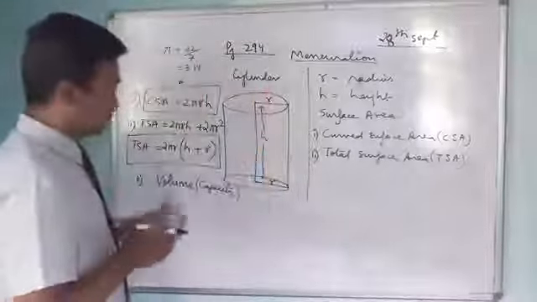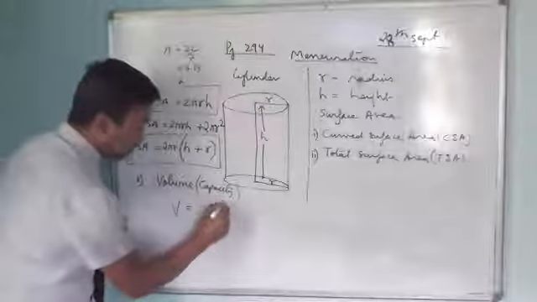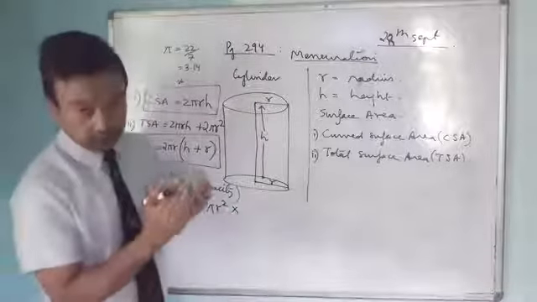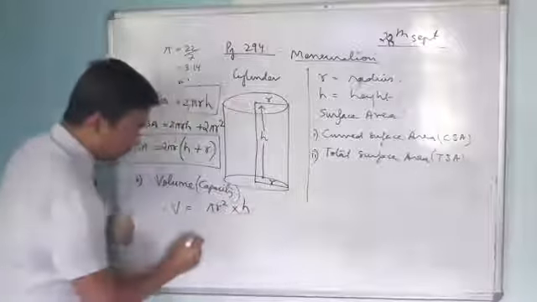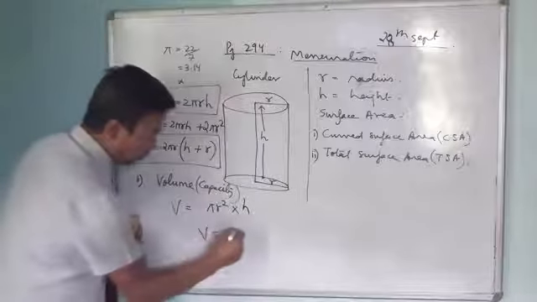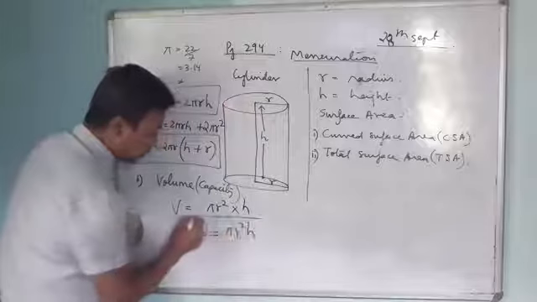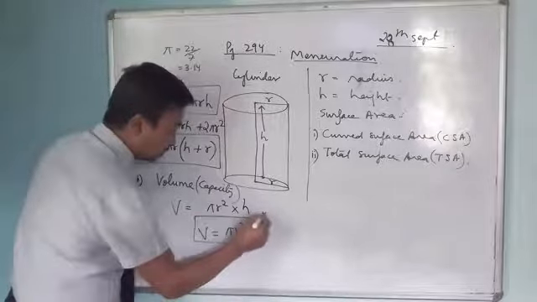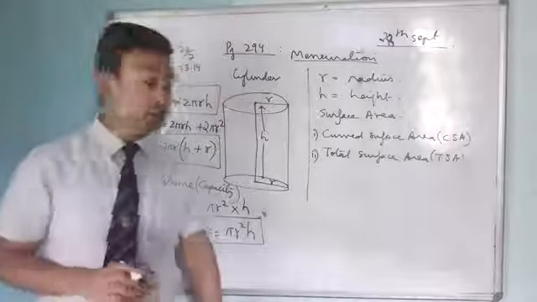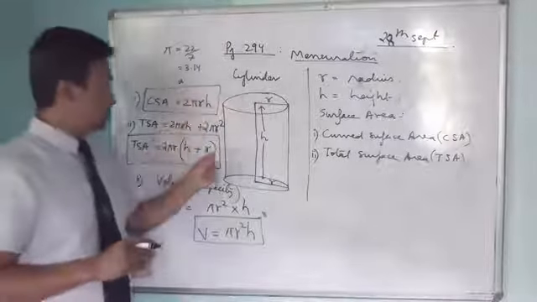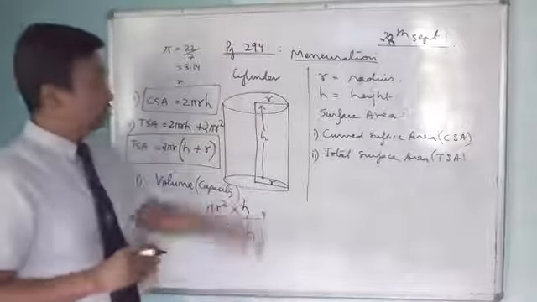If you look at it here, what is the area of the base? It is a circle. So the volume is given as pi r square, you take only one base, into the height, h. Therefore, the volume of the cylinder is pi r square h. So this becomes your formula for the cylinder. In the cylinder, these three formulas are very, very important.